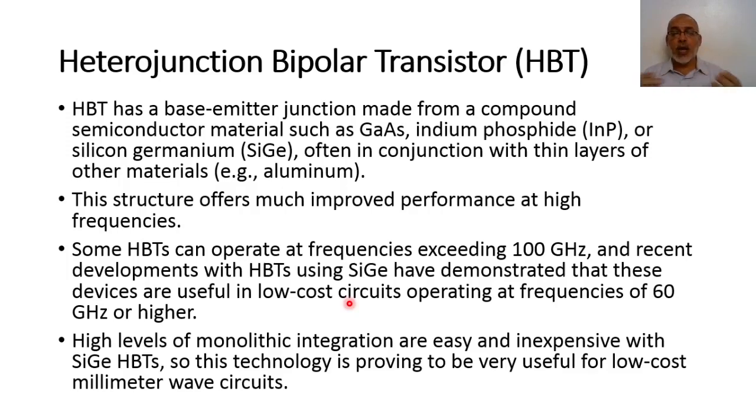Specifically, silicon germanium has the advantage that it can be made with the same technology as the silicon bipolar junction transistor. High levels of monolithic integration are easily and inexpensively achieved with silicon germanium heterojunction bipolar transistors. So this technology is proving to be very useful for low-cost millimeter wave circuits.